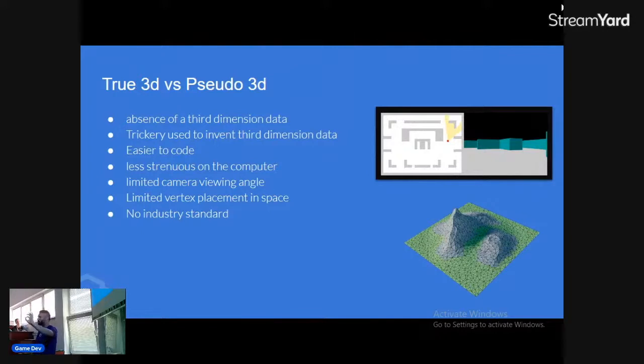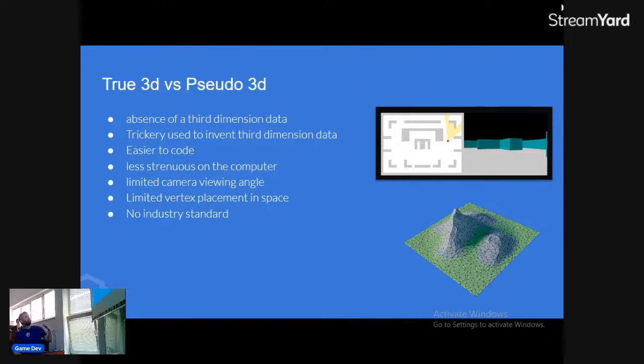It's an actual point in 3D space. Whereas the one on the top, if you look simply on the left, you can see that we have a two-dimensional map with a top-down view. The only information we have in pseudo 3D is always an X and a Y. That's it. And we're going to somehow turn that into a 3D perspective that we see on the right.